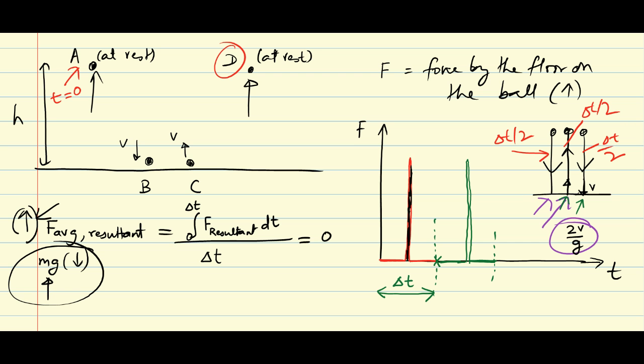Now I'll express the numerator in another way. The numerator is the integral from 0 to delta t. What is the resultant force? It is the sum of two forces acting.